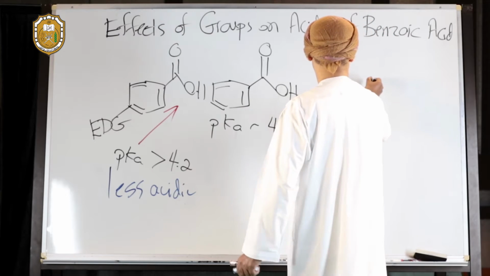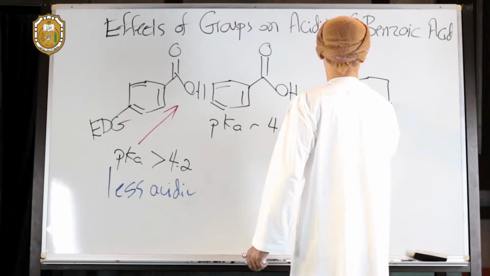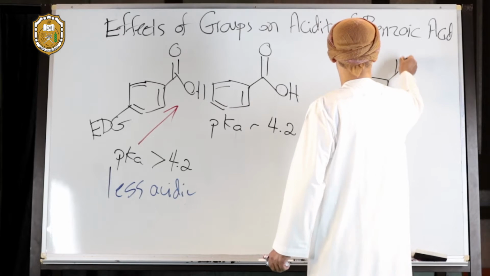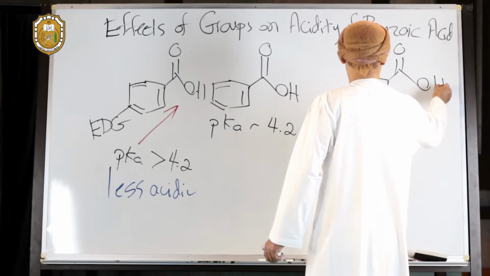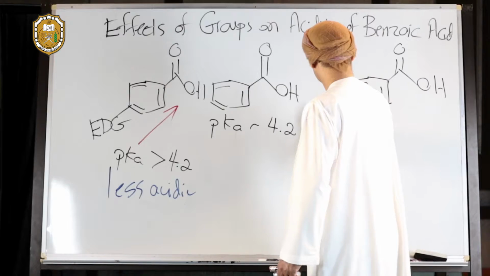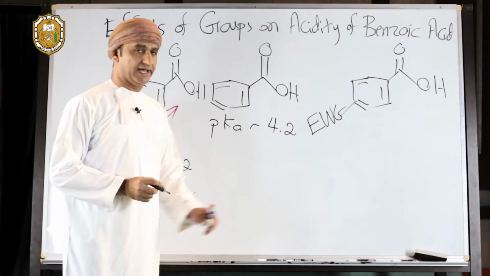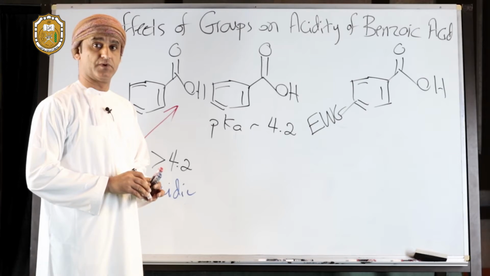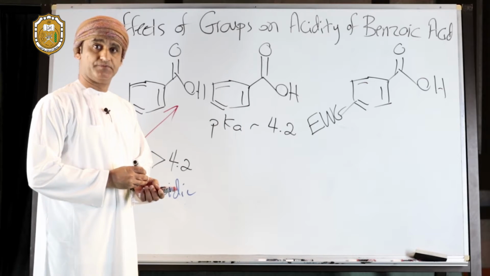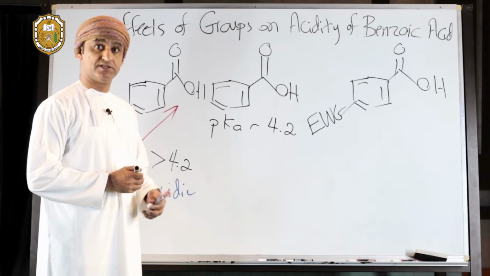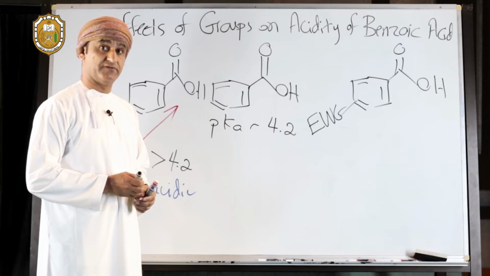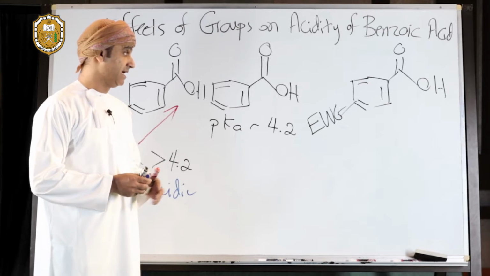If we have another case where the benzoic acid is substituted with an electron-withdrawing group, and again, in general, we mean an electron-withdrawing group by resonance. Of course, this could be applied to electron-withdrawing groups by inductive effect as well.